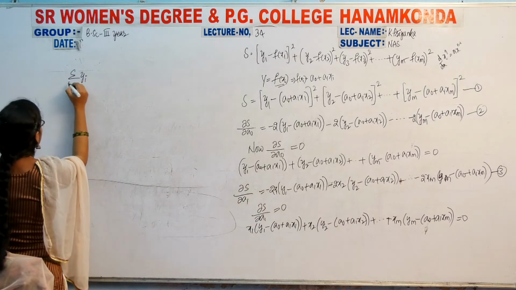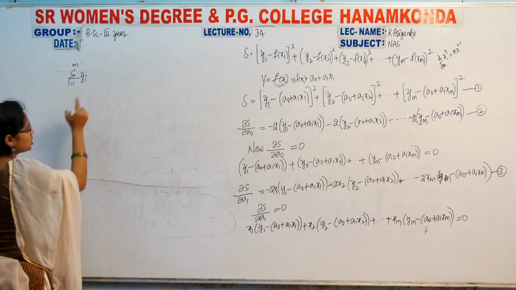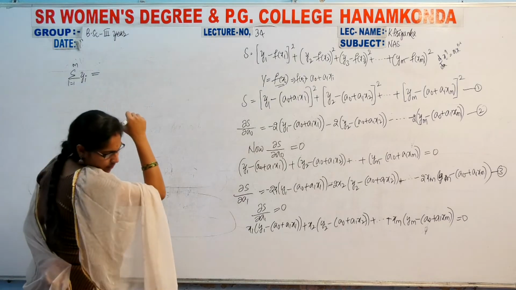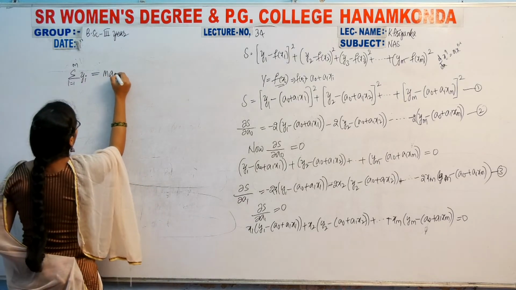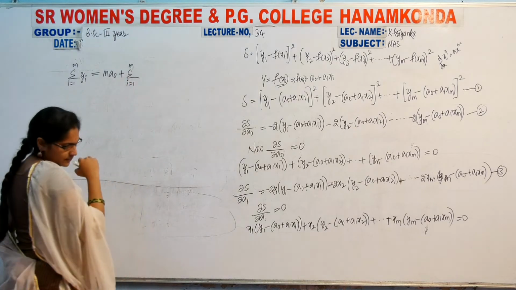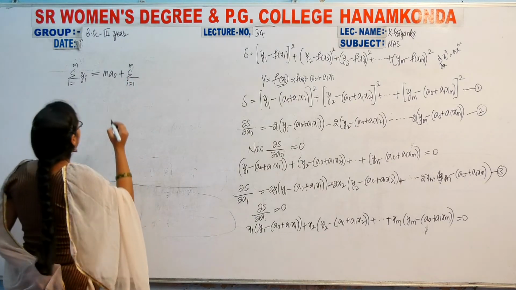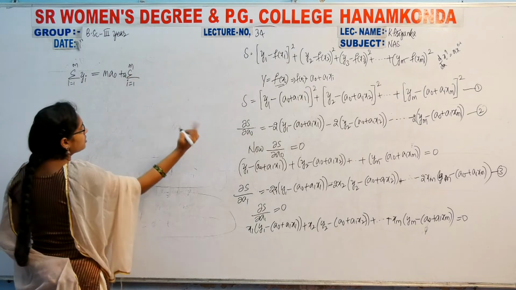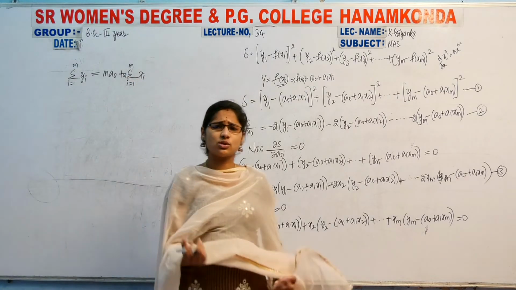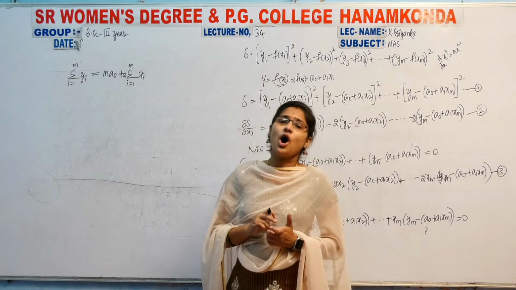Summation y is equal to m into a naught plus a1 summation xi, where a1 is constant and outside, i equal to 1 to m. This is called the normal equation of a straight line.